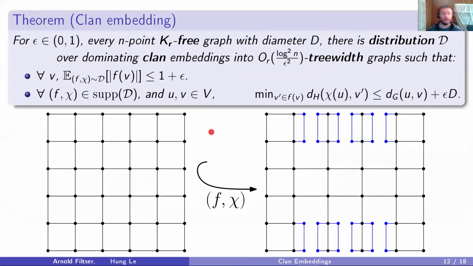So let's see an example. This is some graph with actually high treewidth, and we embed it using a clan embedding into a graph with small treewidth. You can see this graph indeed has a small treewidth, and this is a one-to-many embedding. For example, this single vertex goes to this subset here, this vertex goes to this subset, and this vertex has only one image. Note that this black one will be the chief, and this will be just the copy.